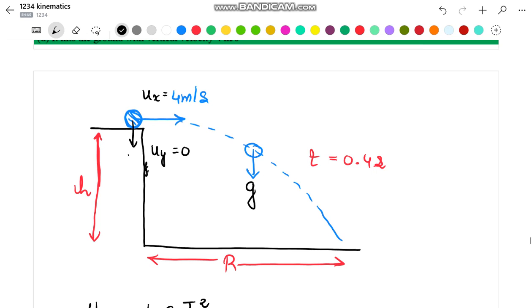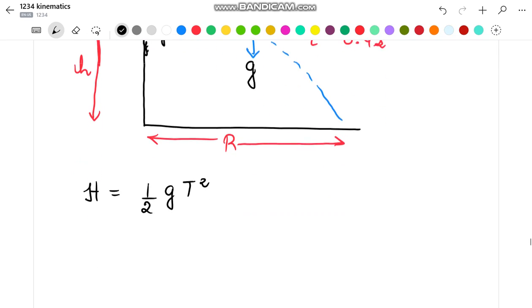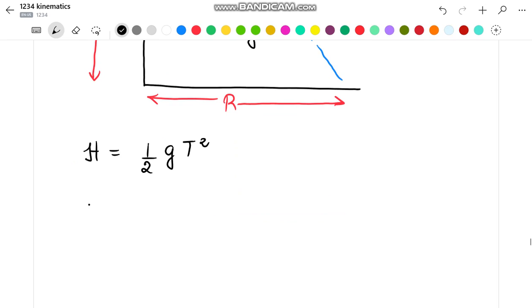The value of ux is 4 and uy mentioned in the problem is 0. Now substituting the values given in the problem, the time given was 0.4. From here, on calculation, the value of h comes out to be 0.8 meters.